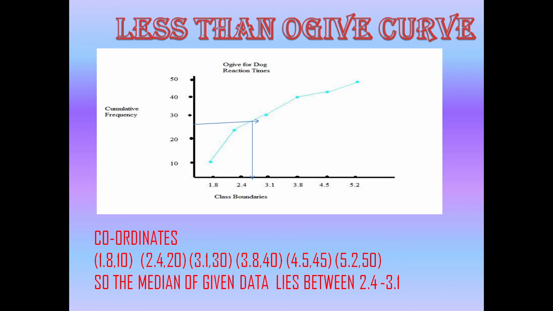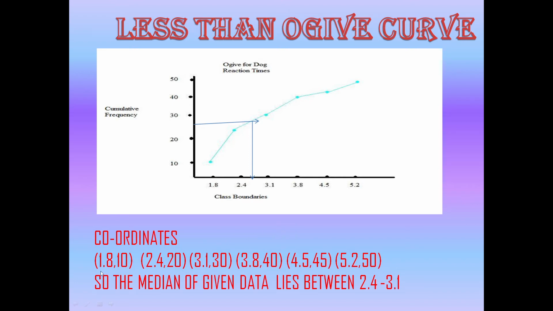To identify the median, we are going to use this less than cumulative frequency curve and the greater than cumulative frequency curve. What is the difference between these two? We have to see with this example. See this less than cumulative frequency curve, I want to take the coordinates; it is just an example for this. We are going to see the next one, a problem also.